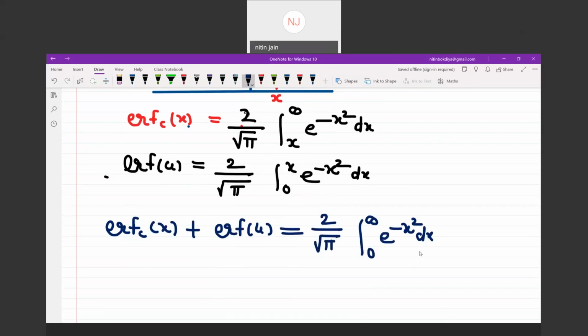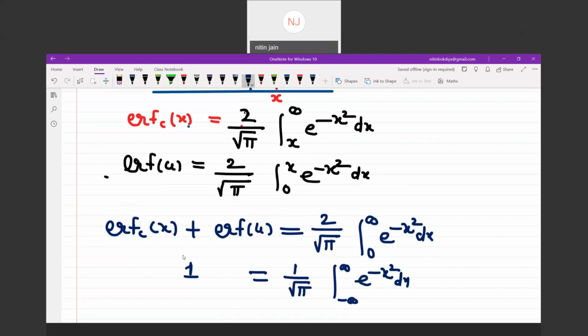We know that Gaussian function is an even function, so you can write this sum as 1. So you can say error function plus complementary error function is equivalent to 1, and this is 1 divided by under root of pi, minus infinity to infinity e to the power minus x square into dx.